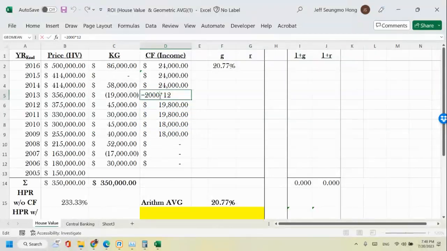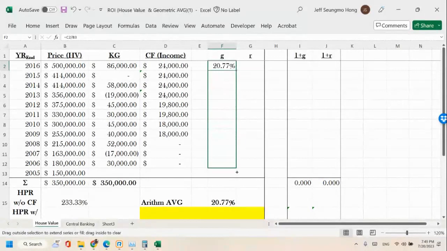Now, if you raise rent to $2,000, then it's going to be $24,000 a year. Now, the growth rate is simple: capital gains divided by the previous year. And then just drag it down.